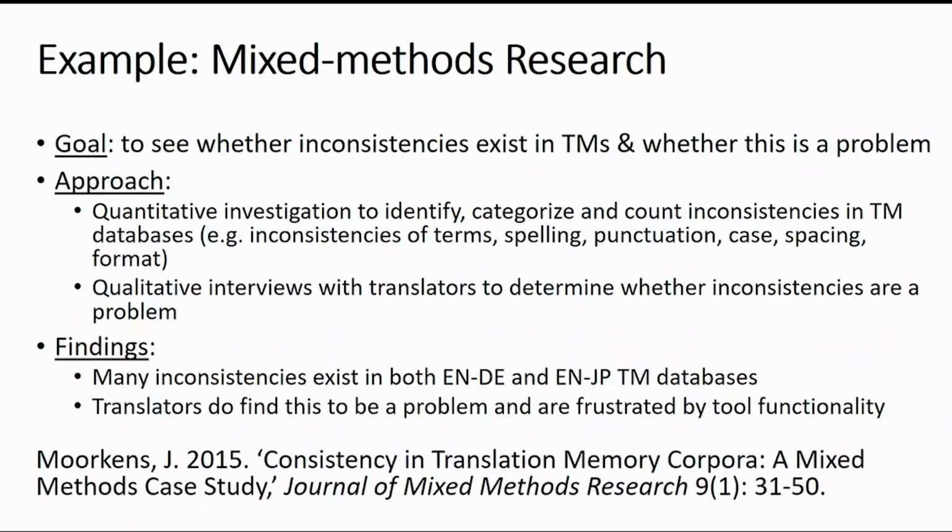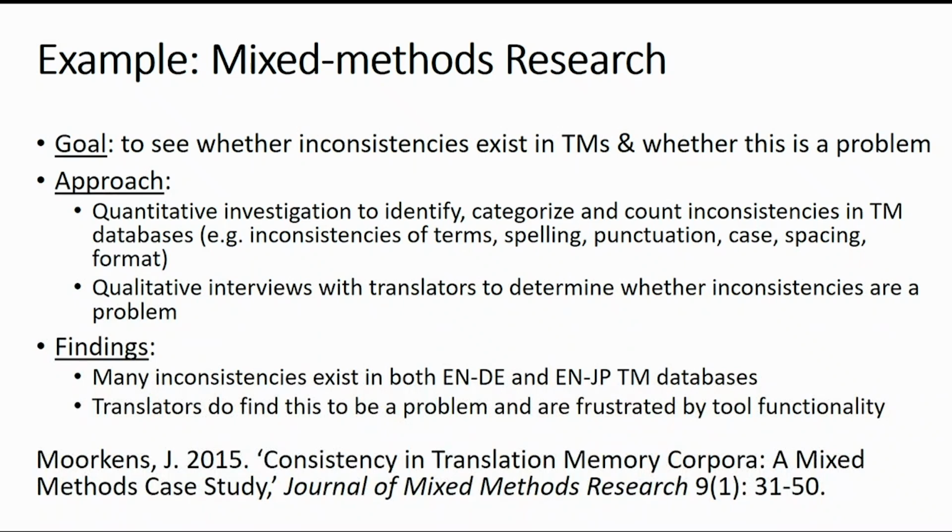And then the mixed methods, where we really are trying to combine quantitative and qualitative approaches. This was an example of a study in translation memories again, and the idea was to, first of all, try to quantify whether the contents of a translation memory were inconsistent.